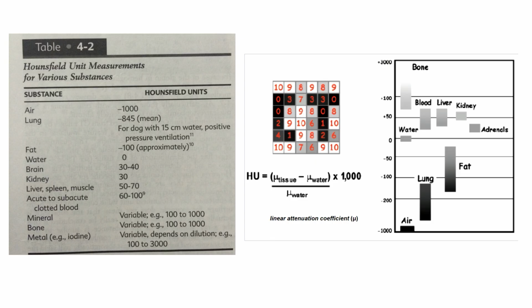For mineral it is 100 to 1000 again. For kidney it is approximately 30, for brain approximately 30 to 40. For lungs it is minus 845.